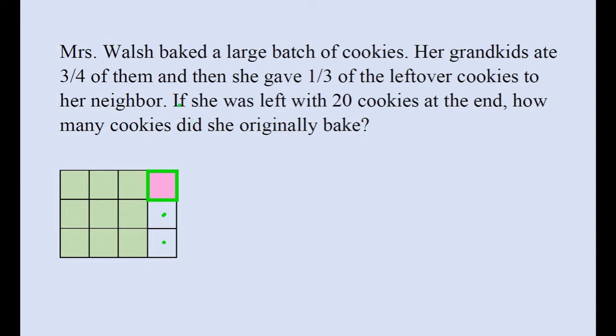And she was left with 20 cookies at the end. Therefore, these 2 squares must represent 20 cookies. And you do want to pause here and really reflect and read the entire question and try to understand what is being said.